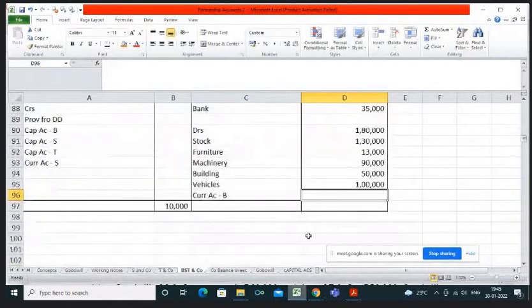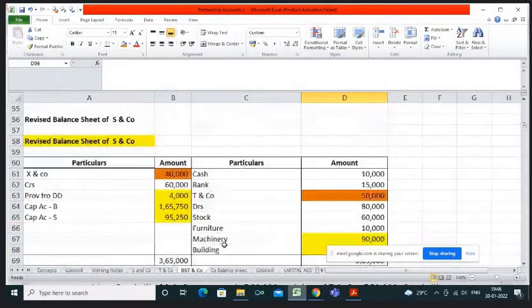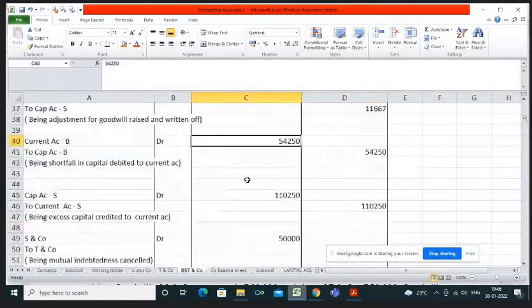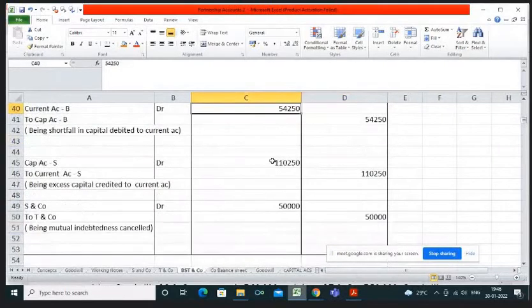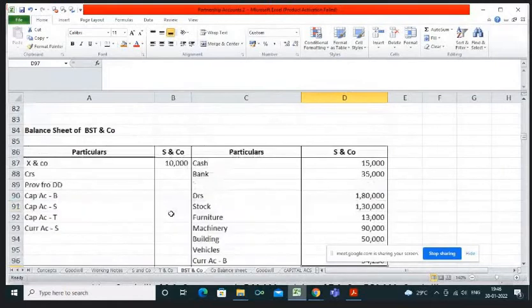Now we have passed some journal entries for current accounts. So the current account of B will become an asset. What was the journal entry we have passed? B's current account has a debit balance of 54,250. Because of that, we'll have 54,250 here on the asset side. And on the liability side, X and Co we already have.